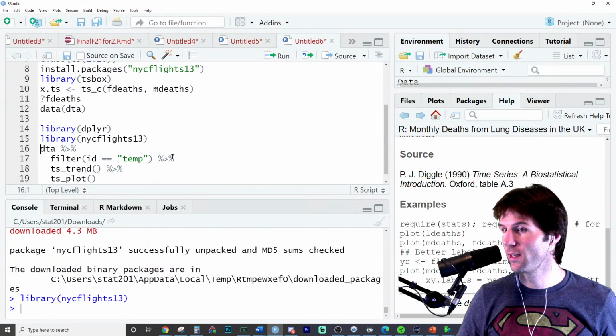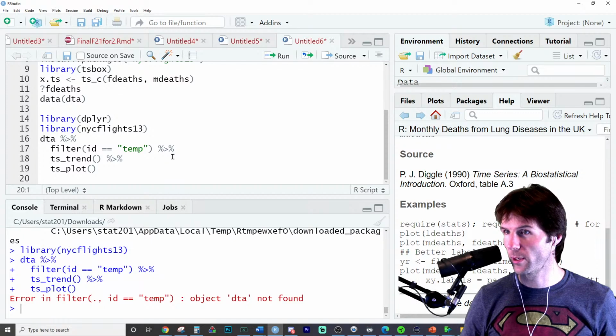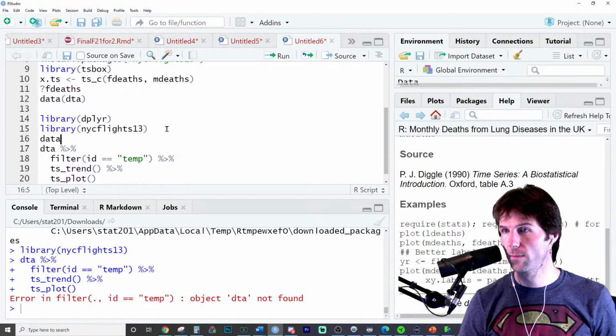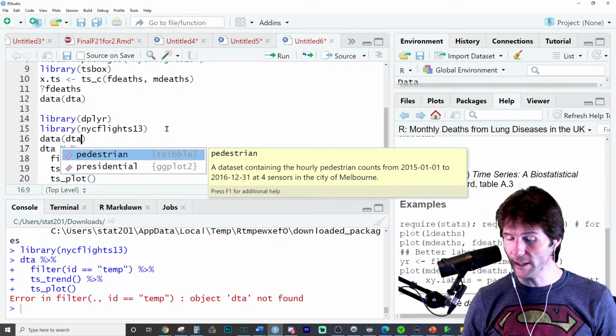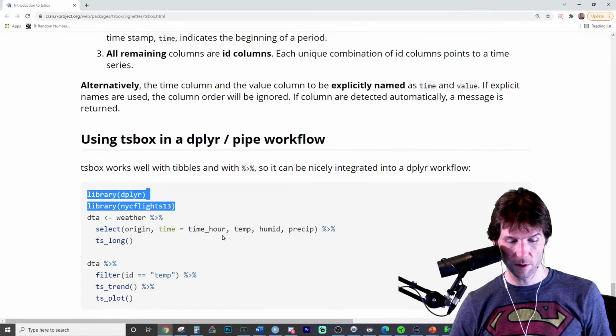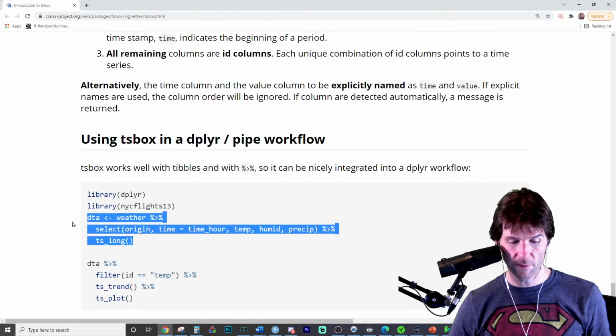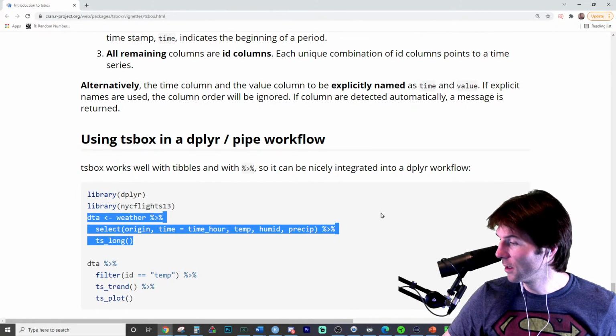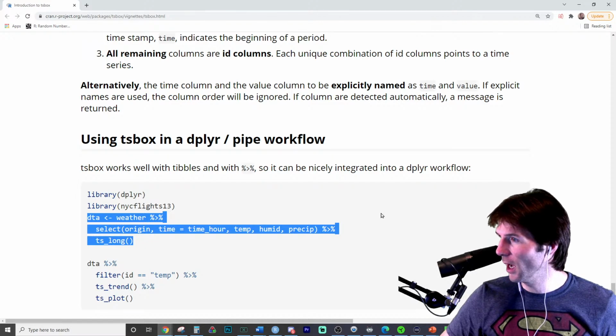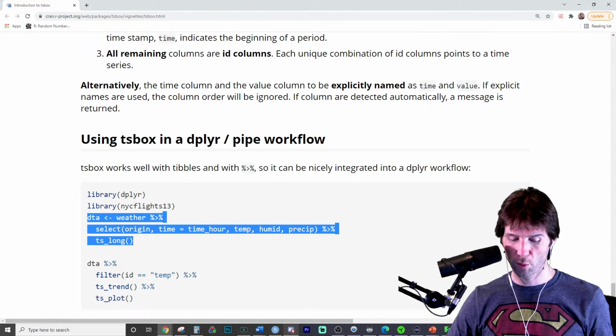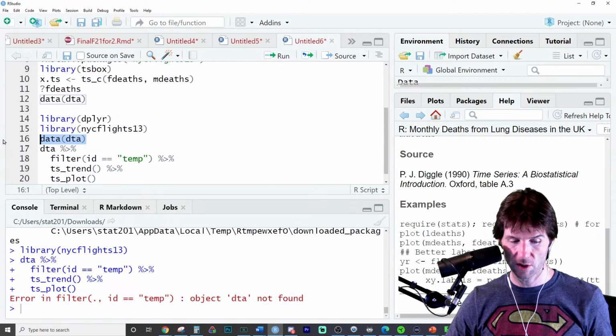We'll have to take a look at that. Right. DTA, so it's got to be there. Where's your data set? Oh, it's taken from the weather. Yeah, I'll have to take a look probably this weekend or so.